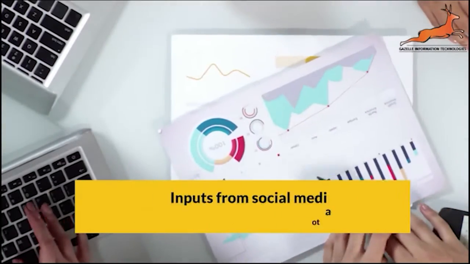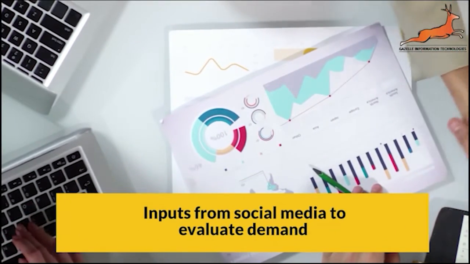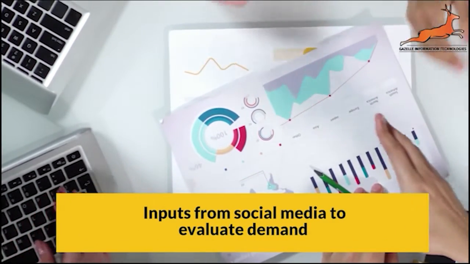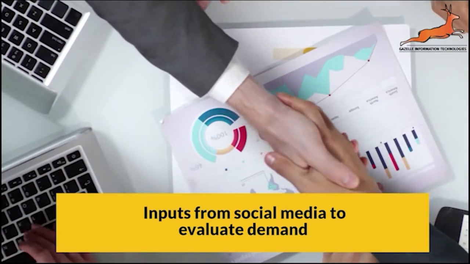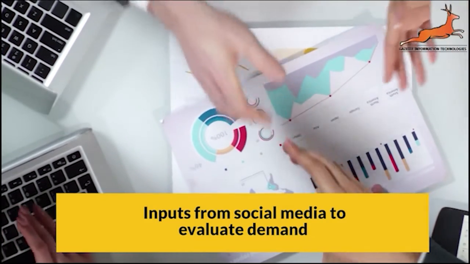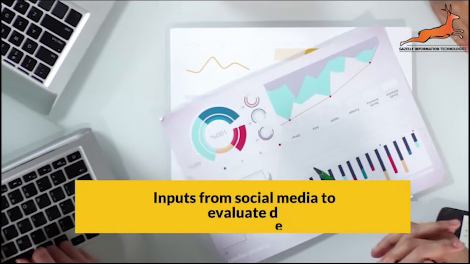We have to use inputs which are available in the form of unstructured data from many input sources like social media or any other platform which stores any attribute which can help us evaluate what would be the effect of that particular attribute on a particular demand in a particular area.